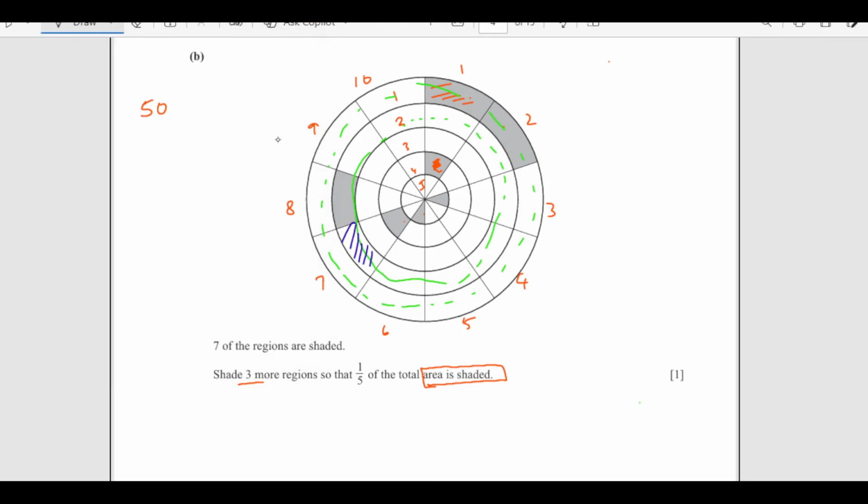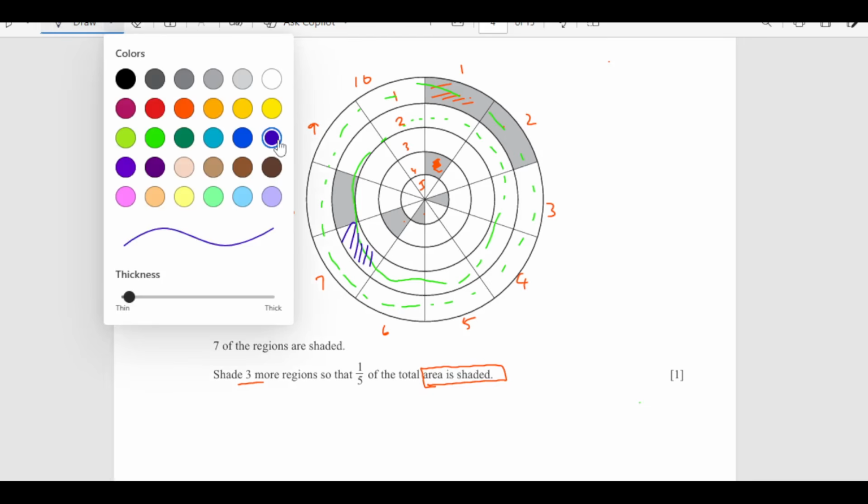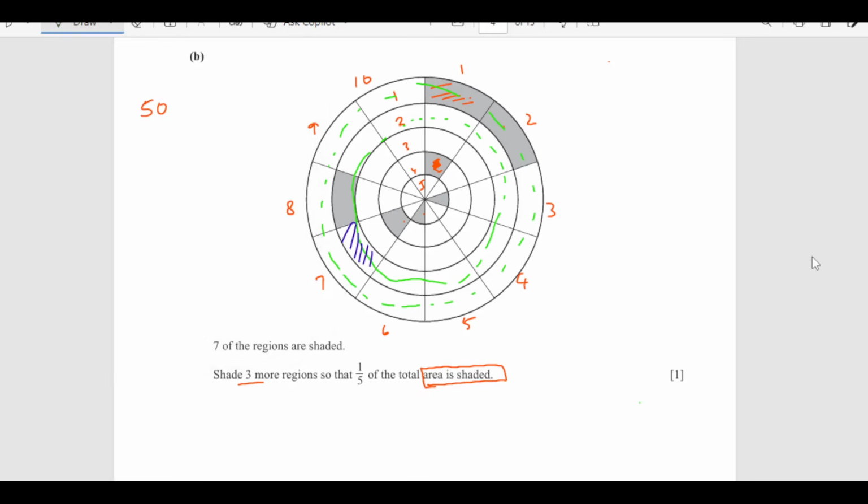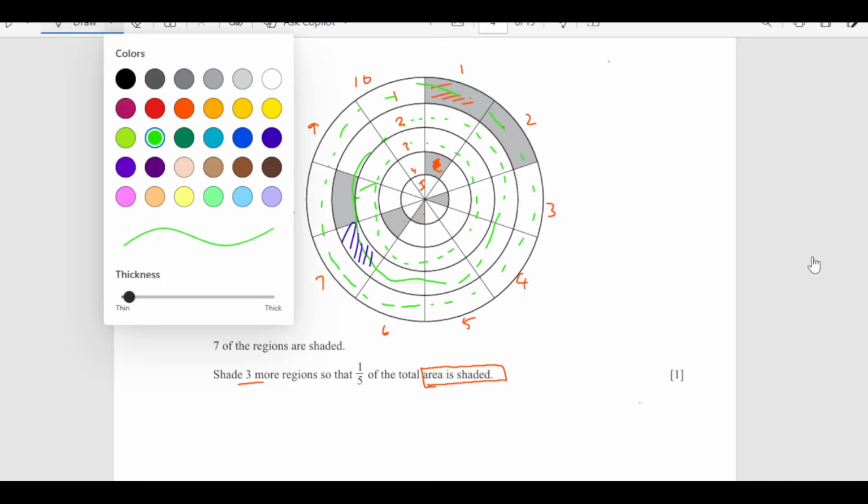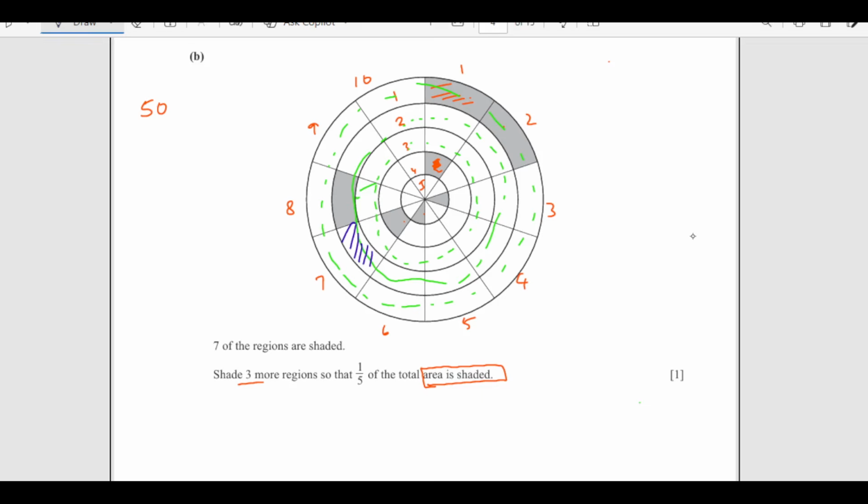So 1 is shaded, 2 more. Now we go for the third layer to check. If you go around the third layer in a circular way, you see none of them is shaded, so we can shade 2 more. So let's shade 2 more, then it will complete the equal area that will be shaded, that is given for the 3 more regions, right?